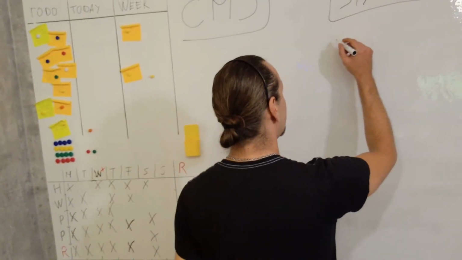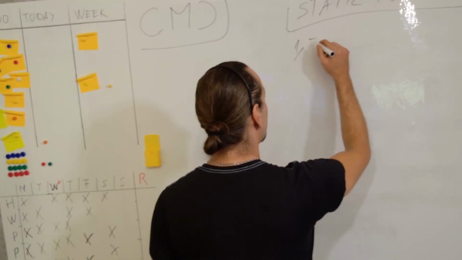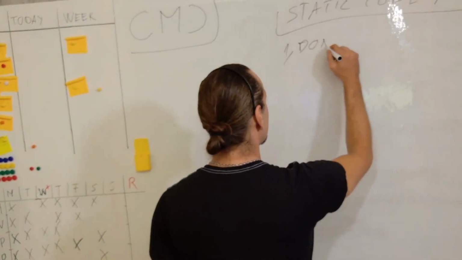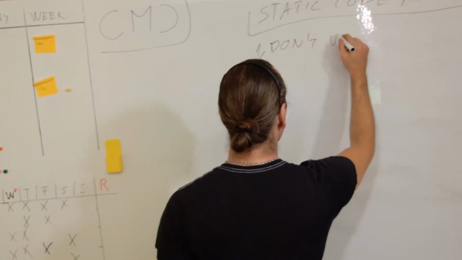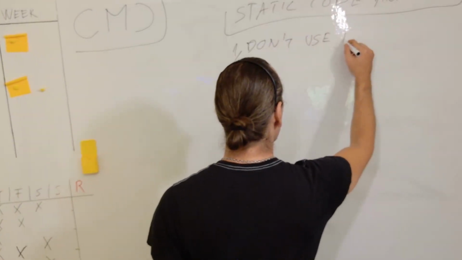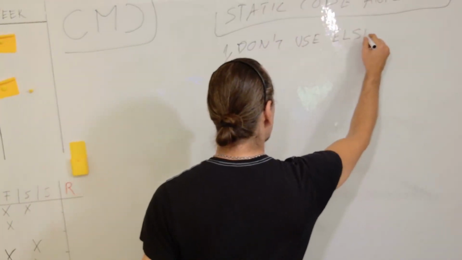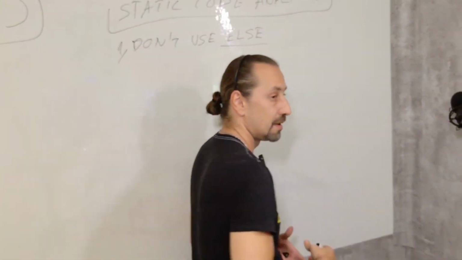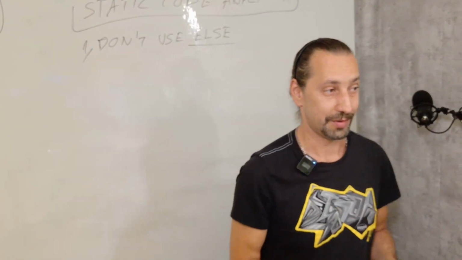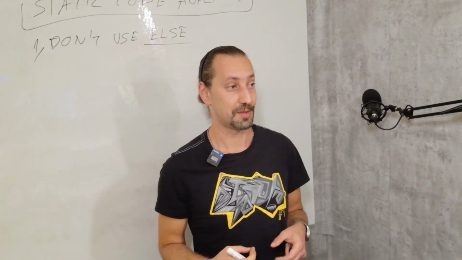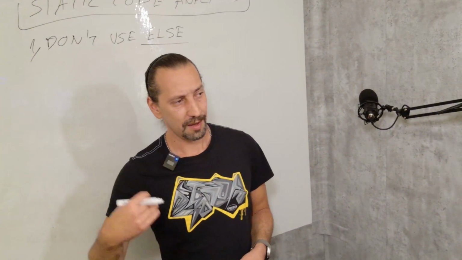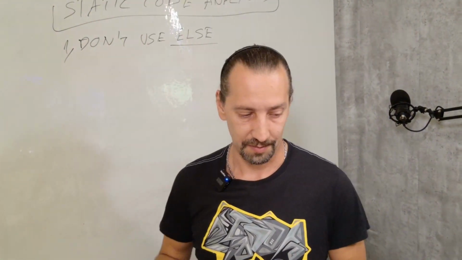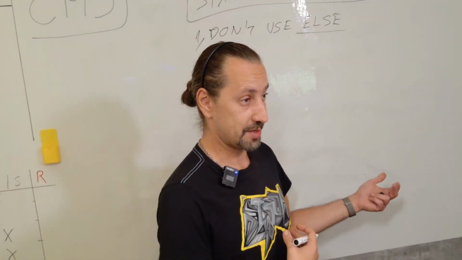One is to not use else. So in our code, when we try to code something, then we have this option to use the else statement. If something happens, then we can else do something else.